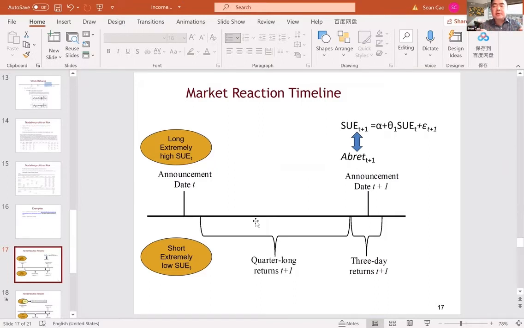What we found is the contract can be repeatable. Next year, there's a 40% chance the $1 million contract will be signed again. That's the theory we have.